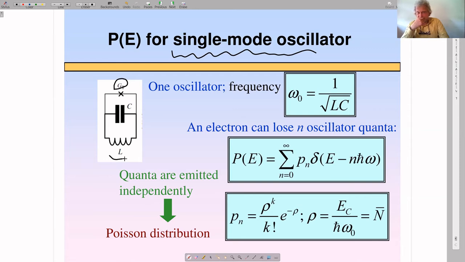Capacitor plus inductor gives us an oscillator, a single mode oscillator, which can oscillate at this particular frequency. Then what can happen? The electron, when tunneling, can give its energy to this oscillator. Or cannot. It's a probability.